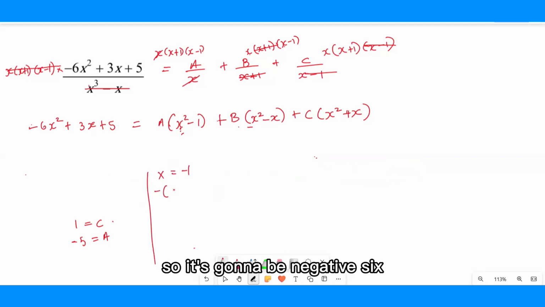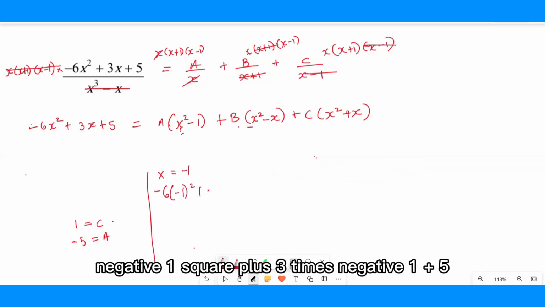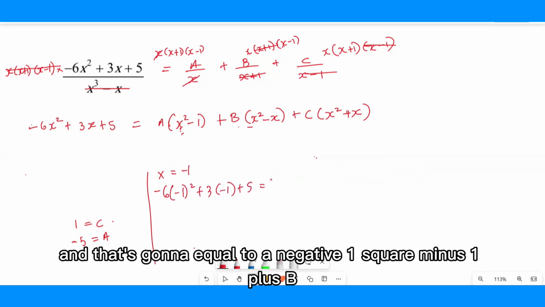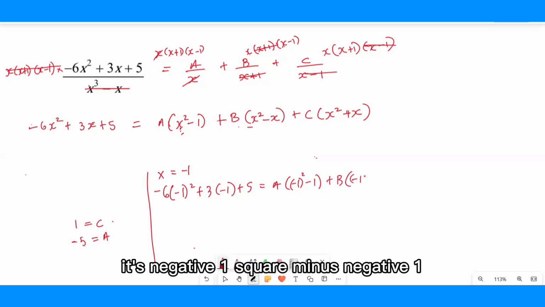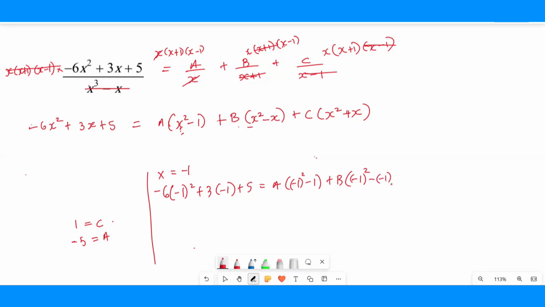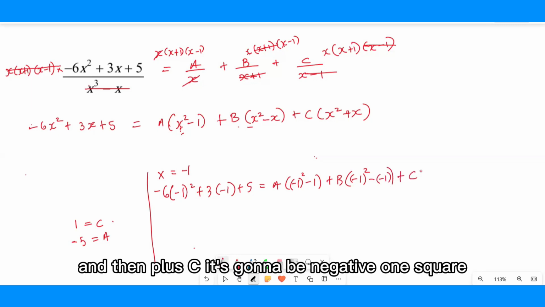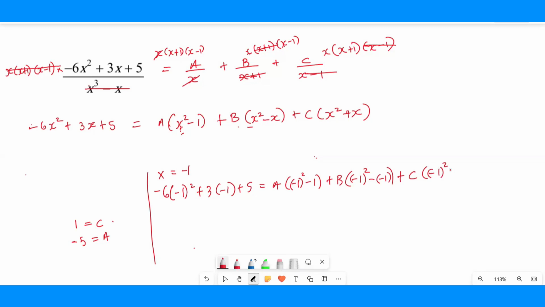So it's going to be negative 6 times negative 1 squared, plus 3 times negative 1, plus 5, and that's going to equal a times negative 1 squared minus 1, plus b times negative 1 squared minus negative 1, and then plus c times negative 1 squared plus negative 1.